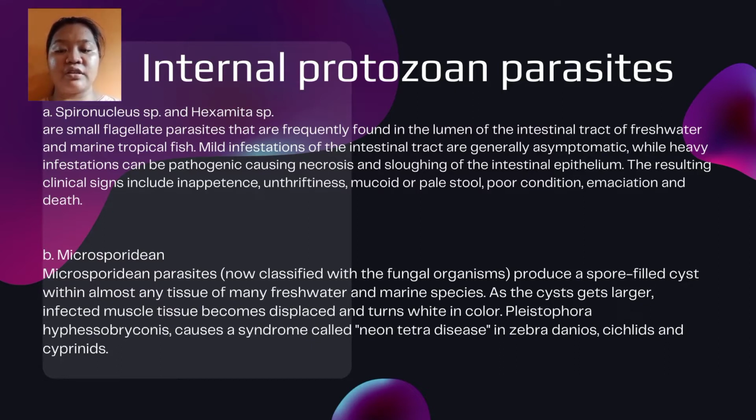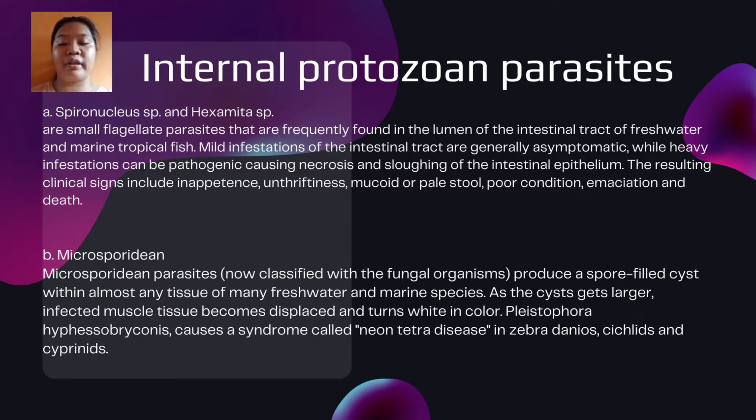Mild infestations of the intestinal tract are generally asymptomatic, while heavy infestations can be pathogenic, causing necrosis and sloughing of the intestinal epithelium. The resulting clinical signs include inappetence and unthriftiness, mucoid or pale feces, poor condition, emaciation, and death.